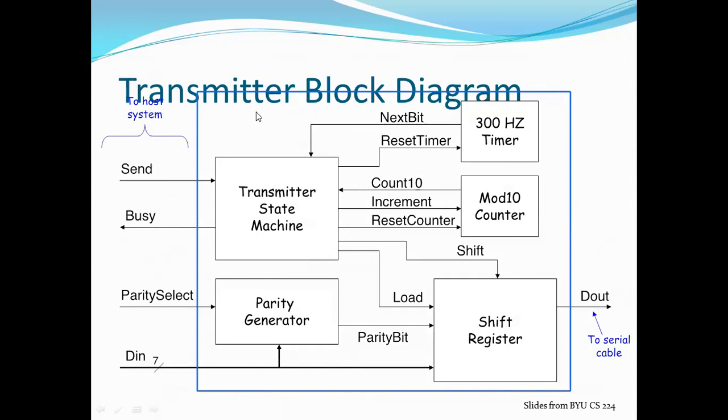From the transmitter state machine, a timer is there which resets, and a next bit counter is there, which increments or decrements the count. Shift and rotate registers are there, which continuously shift the bits so that the output is in a proper manner.